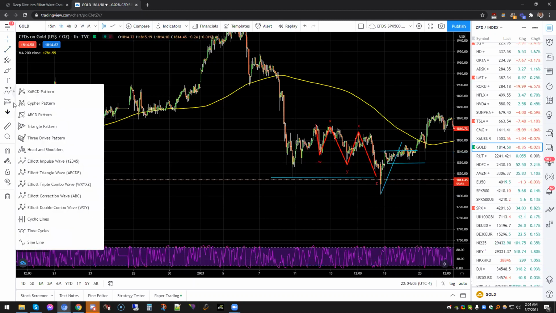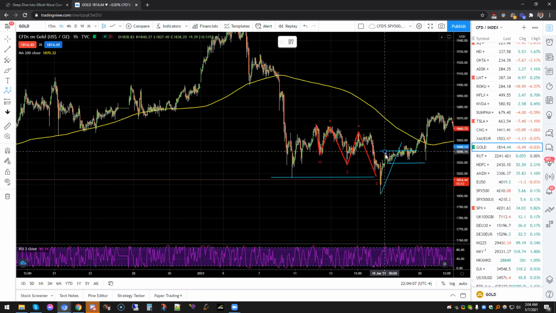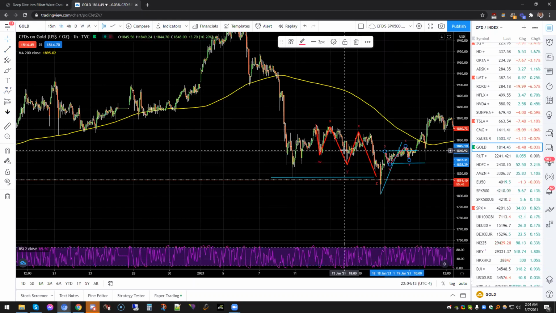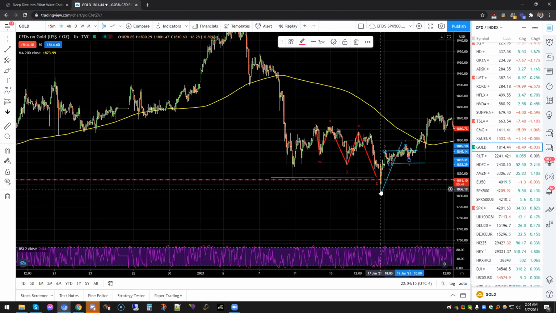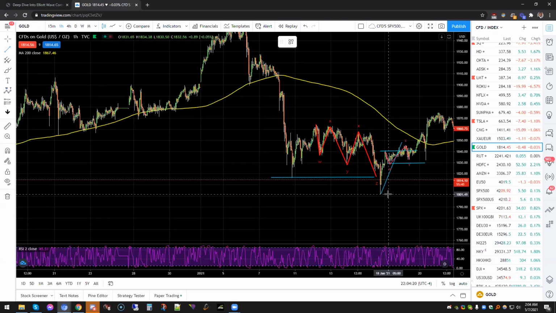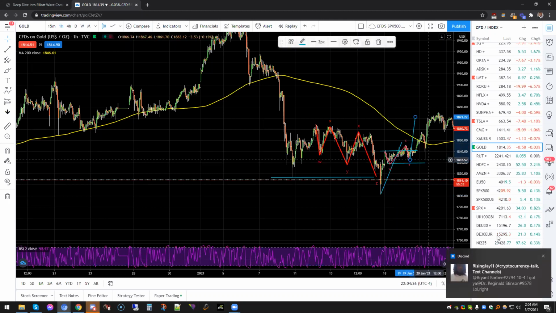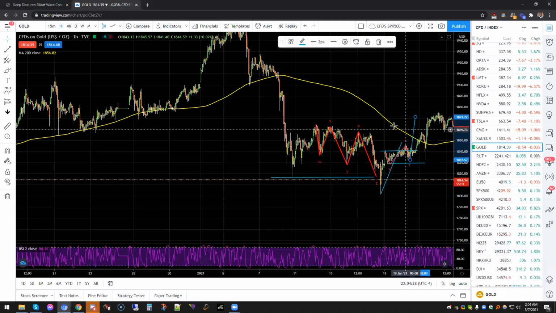Now, I'll use WXY for this one. This would be WXY. So that is a flat pattern formation. It's a 3-wave correction. And I would expect this wave to continue after that flat is completed. So this wave would be projected here. Right? So as you can see, it made that distance.